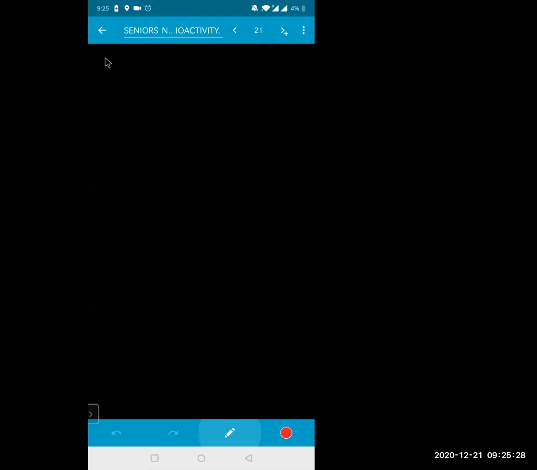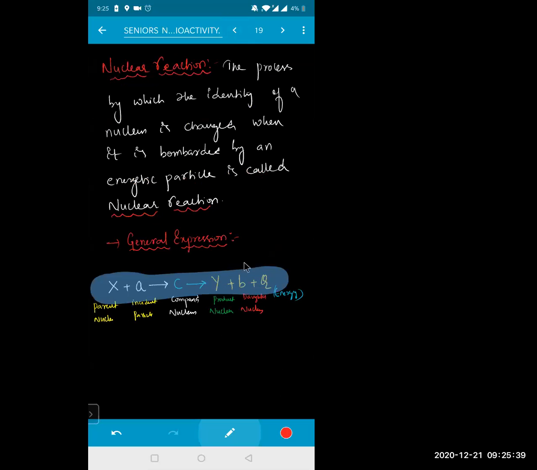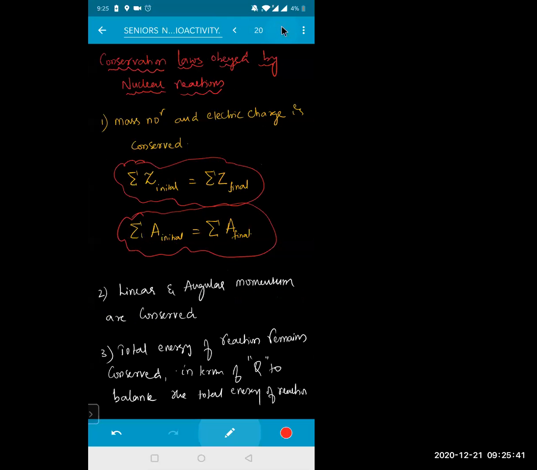Next one is Q value. Q value means energy. In the equation, how do we calculate the Q value?